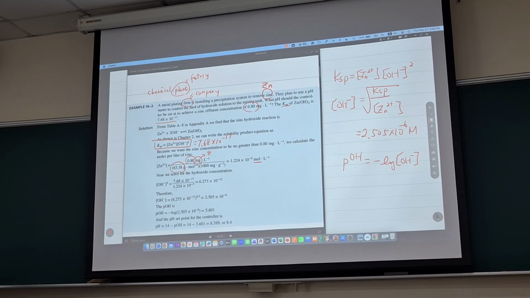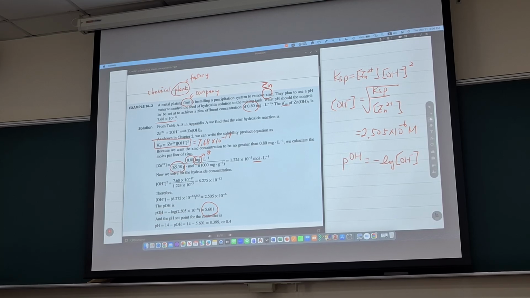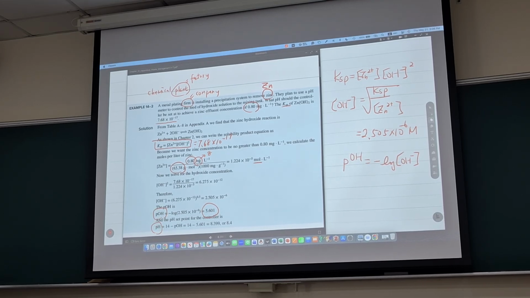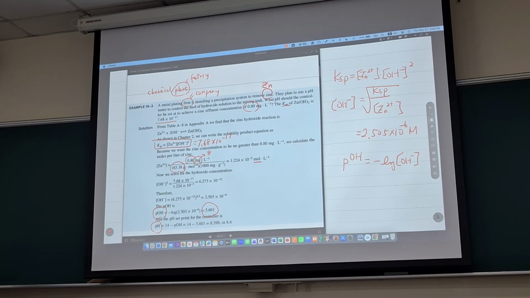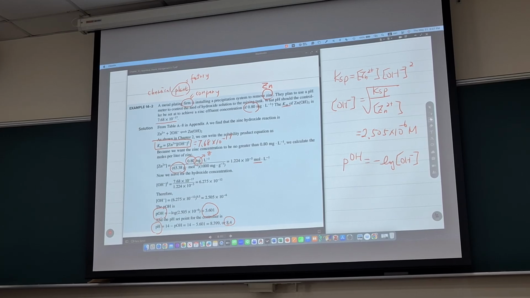So the answer will be 5.6, but not finished yet. This is pOH. So for pH, you need 14 minus 5.6. So the answer will be 8.4.